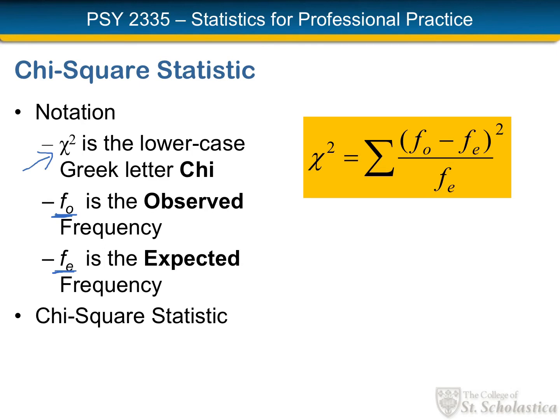So the equation tells me that my chi-square statistic is a sum, remember our summation sign, in each cell or each category. I take the observed count and I subtract the expected count.